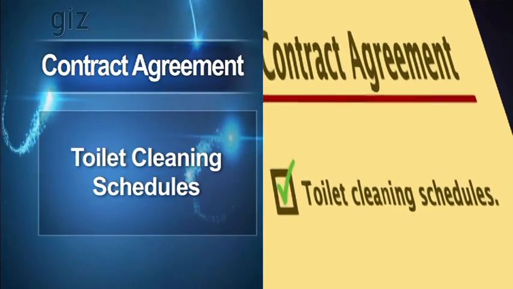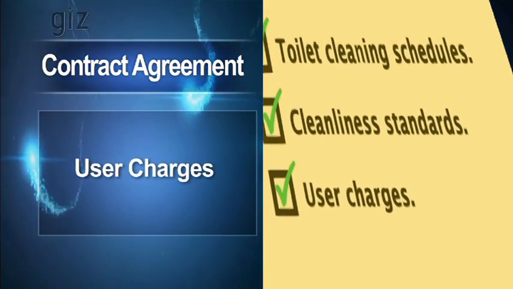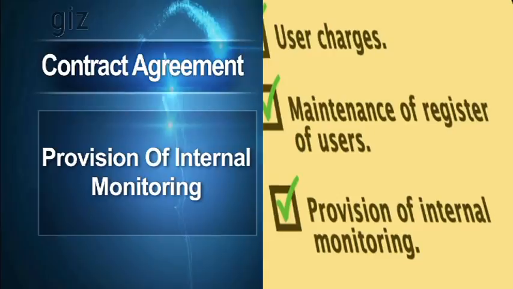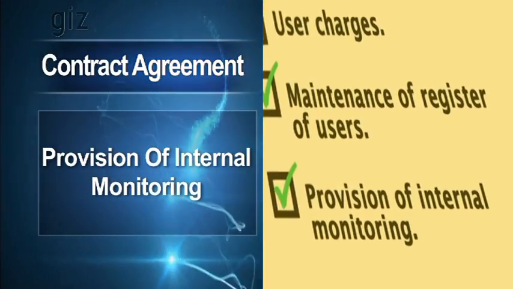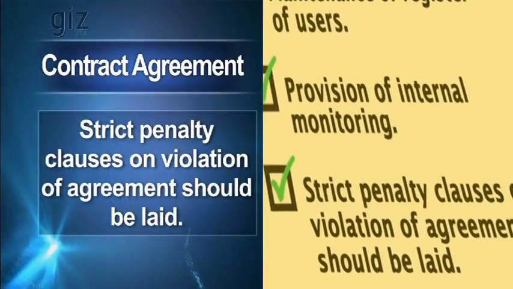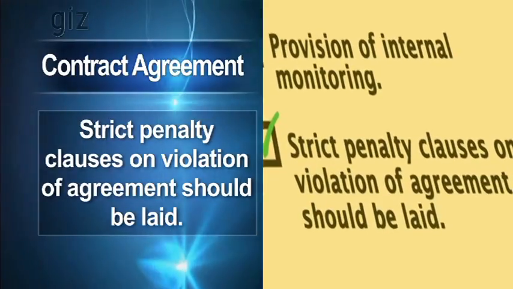Details like toilet cleaning schedules, cleanliness standards, user charges, maintenance of register of users, provision of internal monitoring should be included in the contract agreement. Strict penalty clauses on violation of agreement should be laid down.